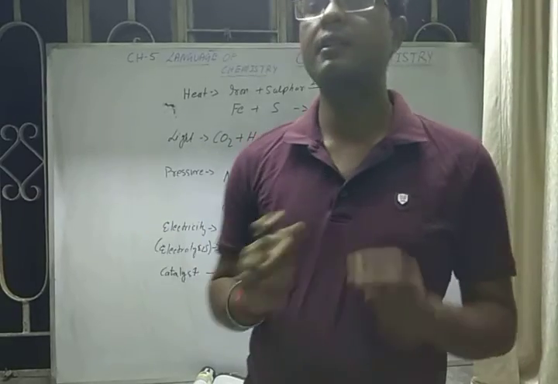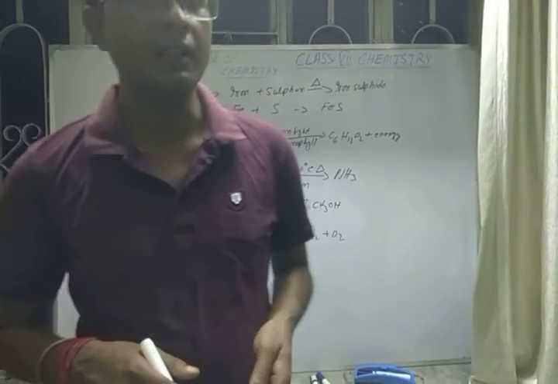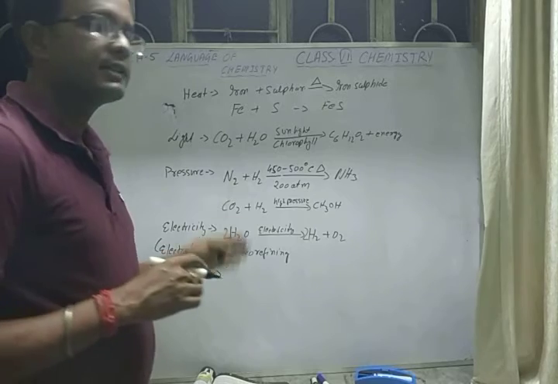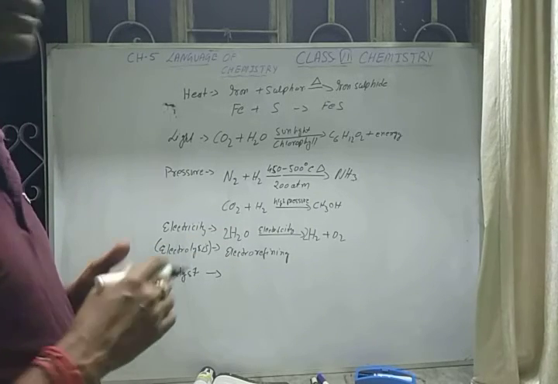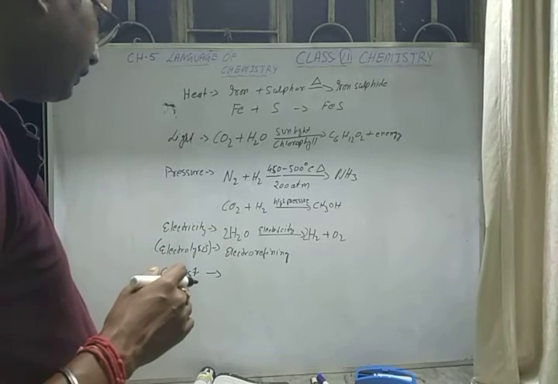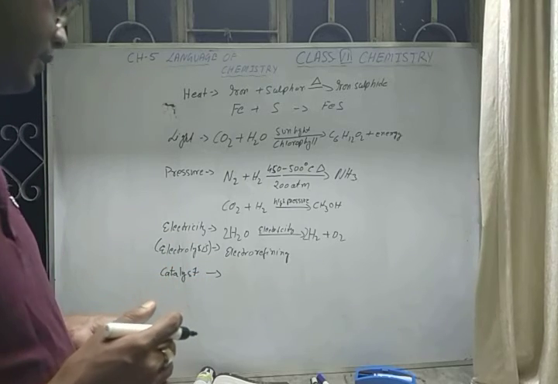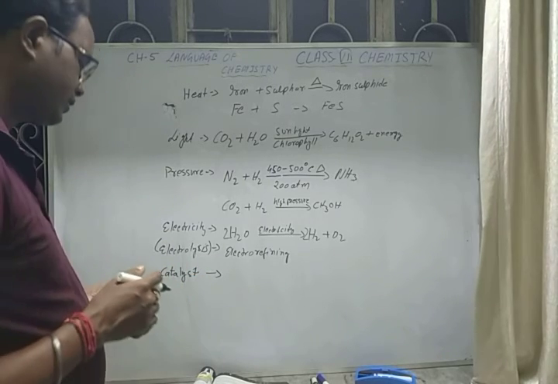But the catalyst does not react itself in a reaction. They either speed up or slow down the reaction, but they do not react with the components present during a chemical reaction.